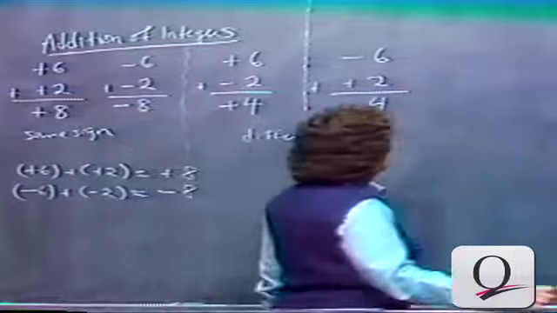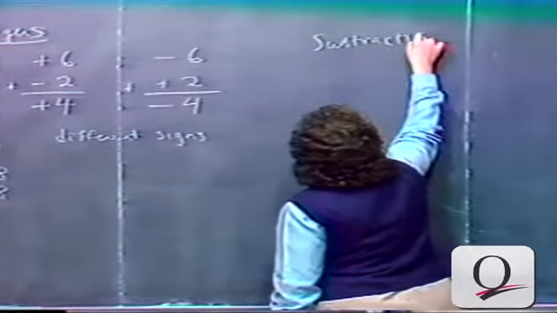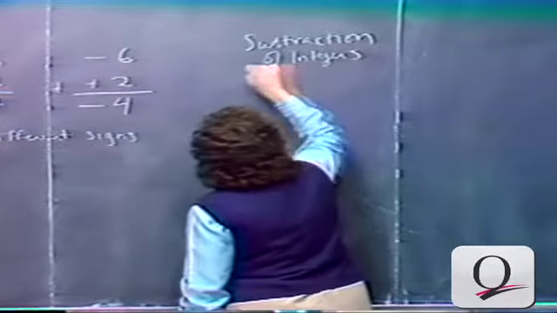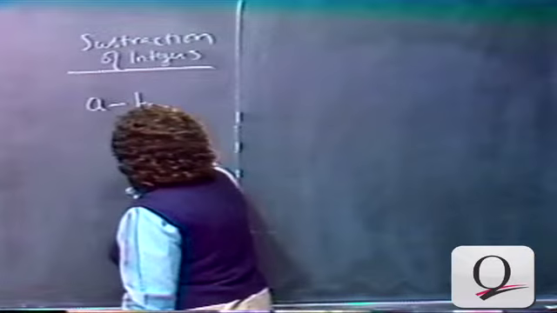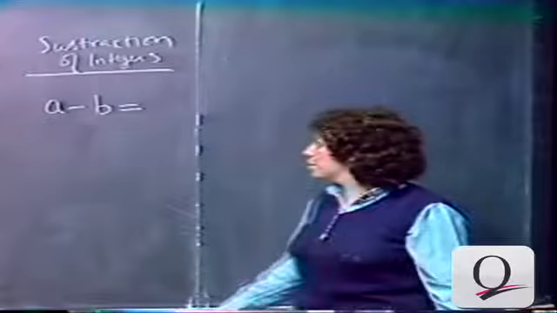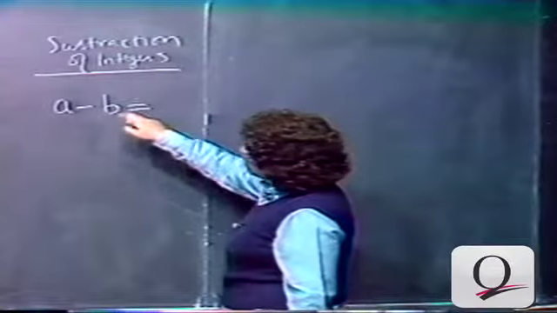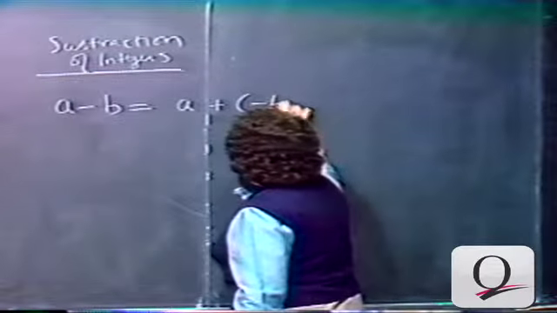When it comes to subtraction of integers, we follow a different rule. If we want to subtract two numbers, and I'm saying now for integers because we're working with whole numbers, but later on this will be for any signed numbers. Okay, the rule is very simple. All you do is add the opposite.